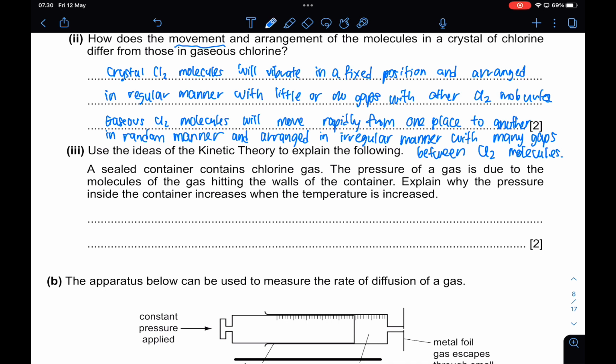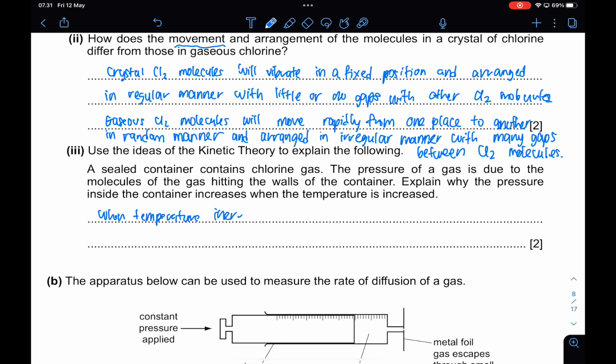Okay, correct. Basically, when temperature is increasing, temperature will provide the heat energy. This heat energy is going to be converted into kinetic energy, so that will make the molecules move faster, so they will hit the container more. There should be 2 marks.